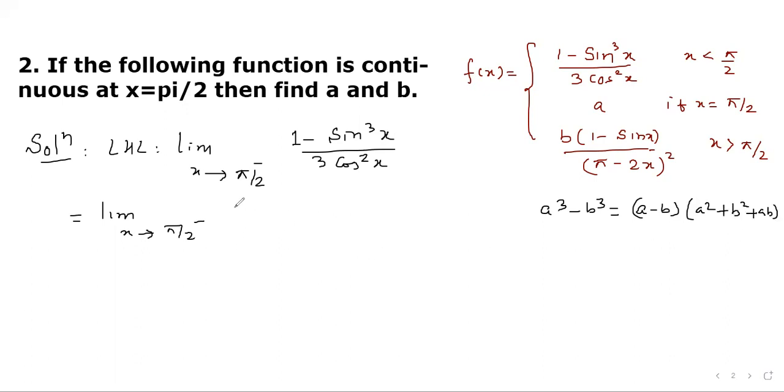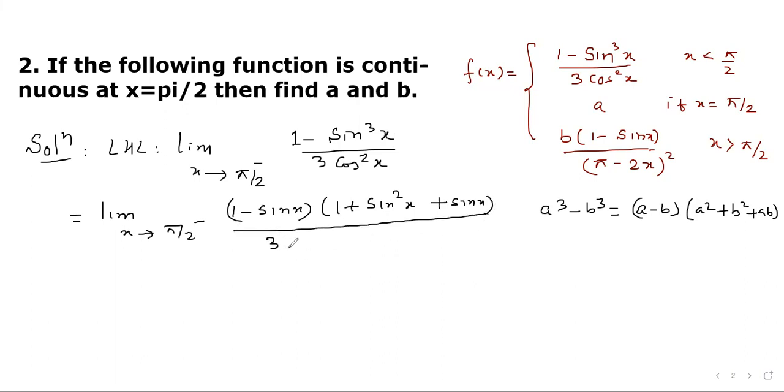So it will become (1 minus sine x) times (1 plus sine square x plus sine x) divided by 3. Cos square x can be written as 1 minus sine square x, and then we factorize it, so that will give (1 minus sine x) into (1 plus sine x). So (1 minus sine x) will cancel out.